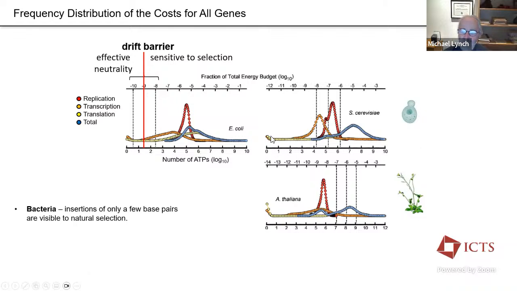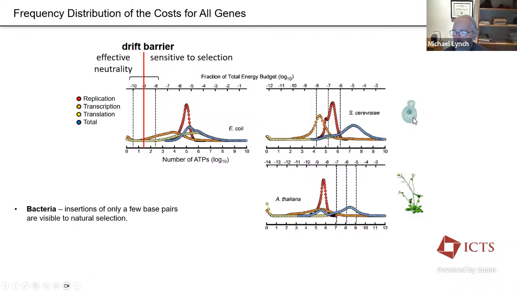What happens is that these plots move to the right, and the scale changes in one of these cases. So the cost of the gene is increasing for a variety of reasons: histones that bacteria don't have to pay for, and some genes, especially in land plants and vertebrates, contain lots of introns. That's extra DNA you're paying for, and so on. So the absolute values of these move to the right.